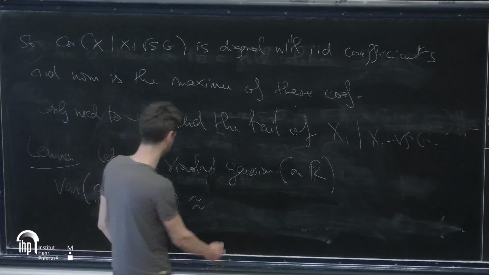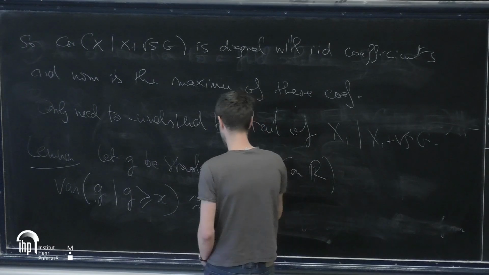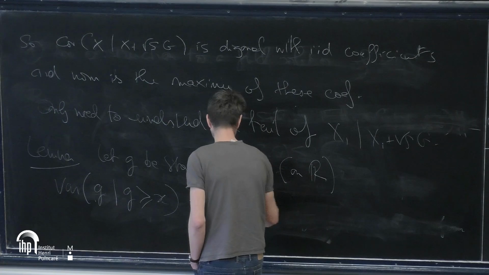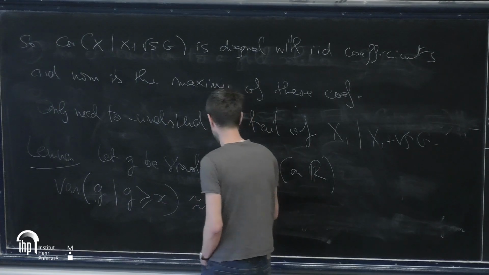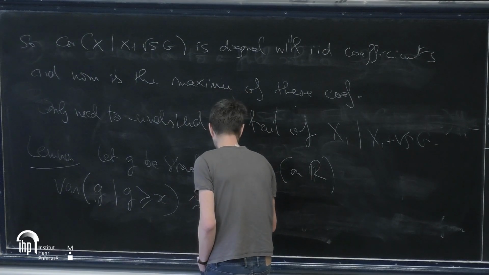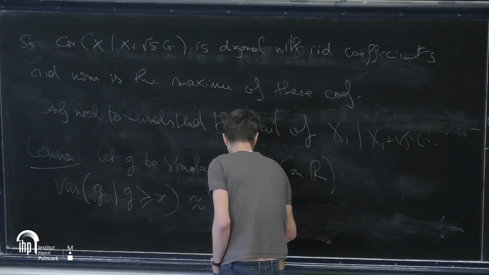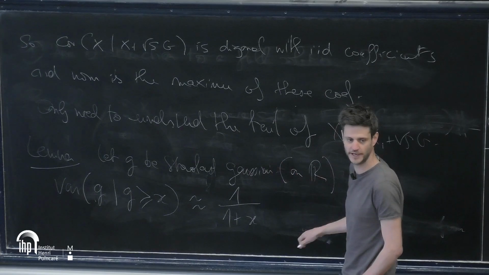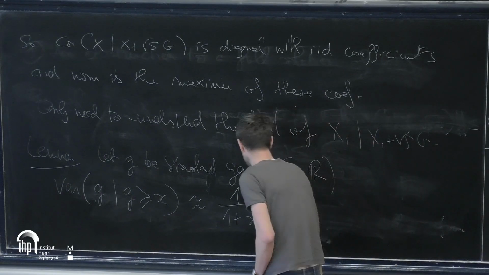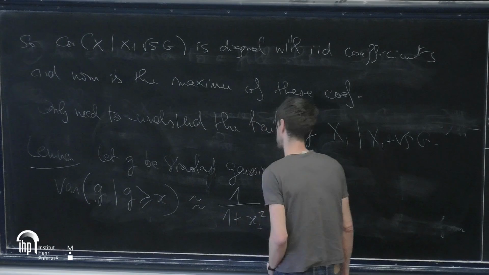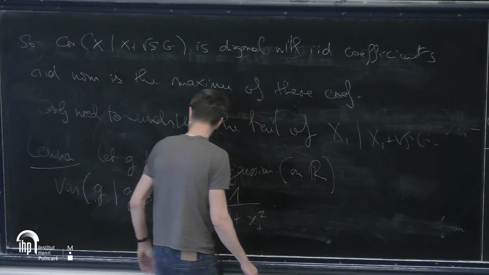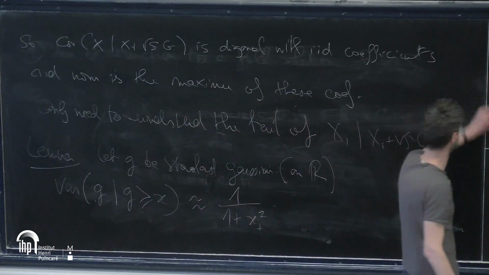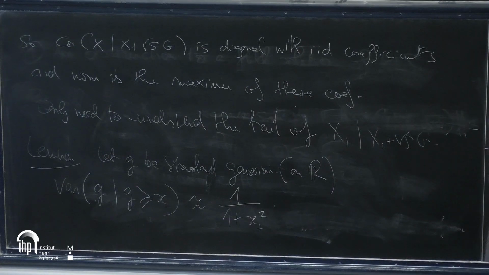So this is my notation: it is more or less constant on R minus, and at plus infinity it is like 1 over x squared, for the positive part of x.